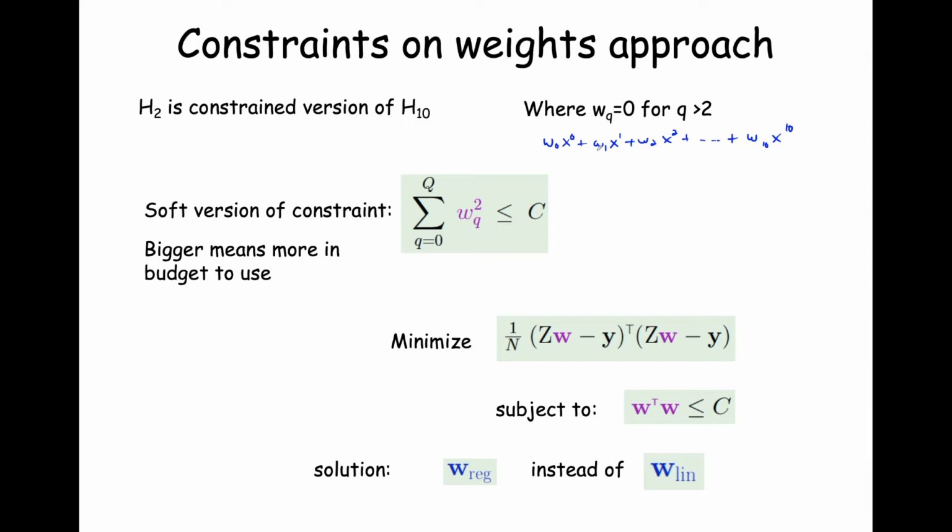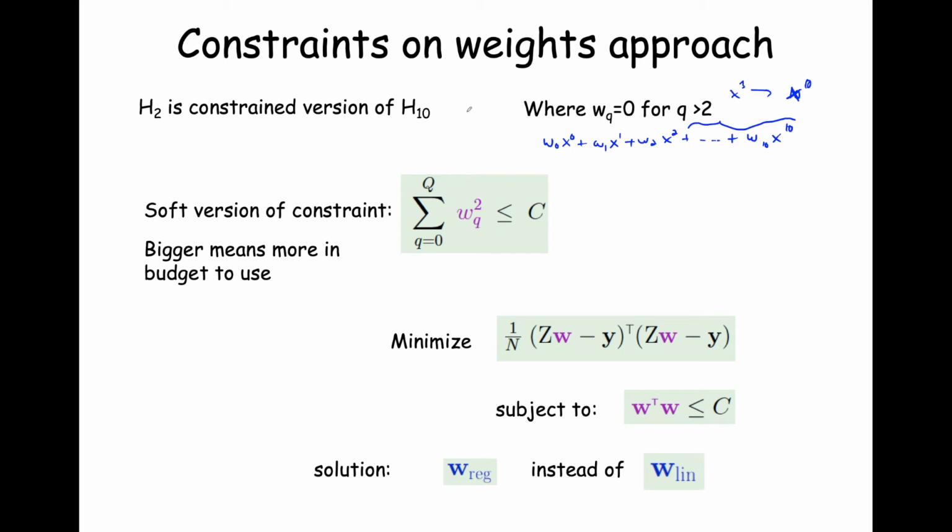So there's our polynomial. Now, of course, if we set our W's to 0 everywhere we had a degree greater than 2, we're effectively shutting off each of those monomials for degree 3 up to that 10th exponent.